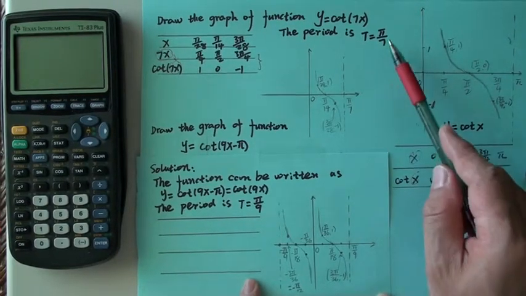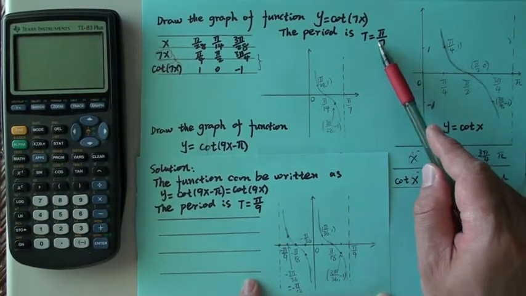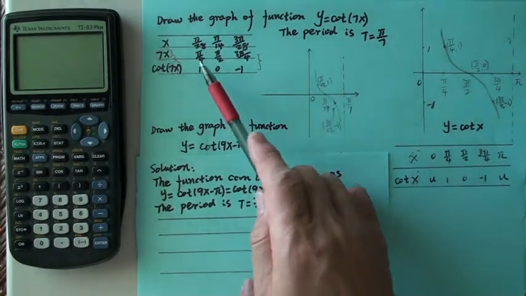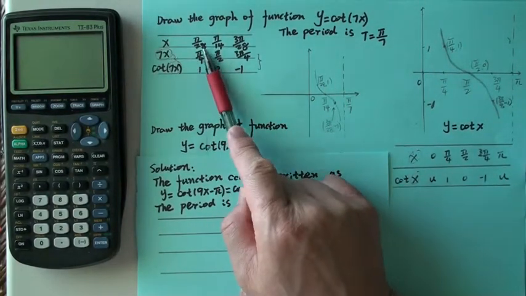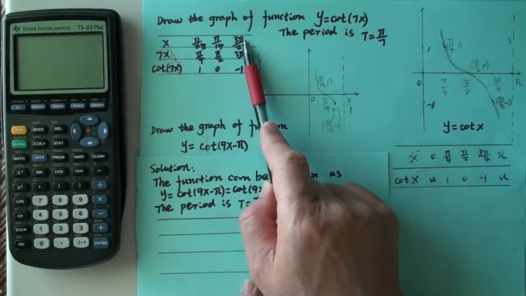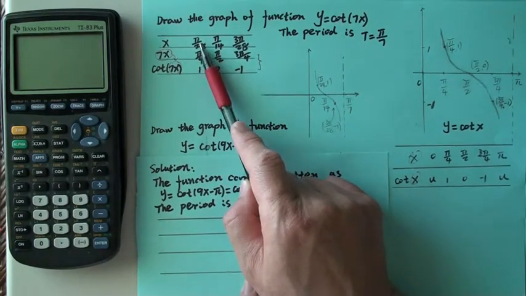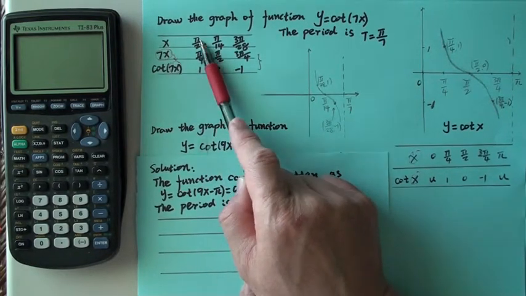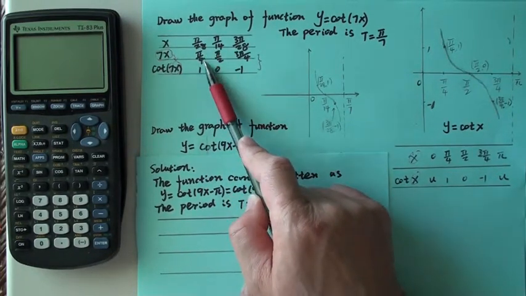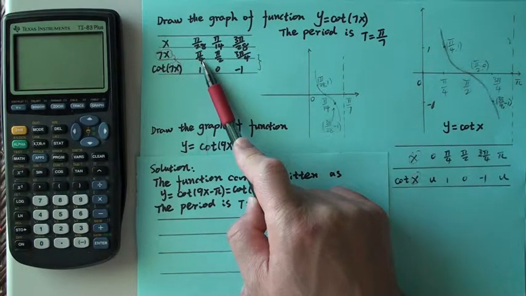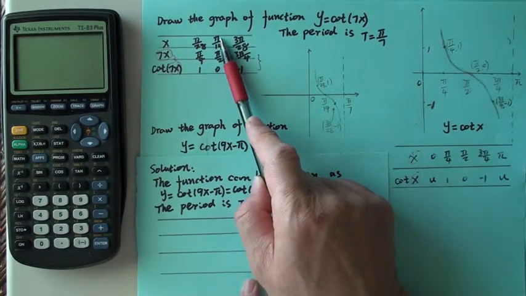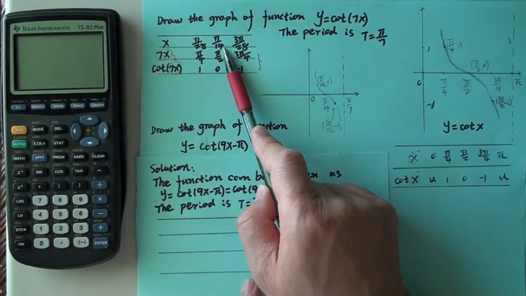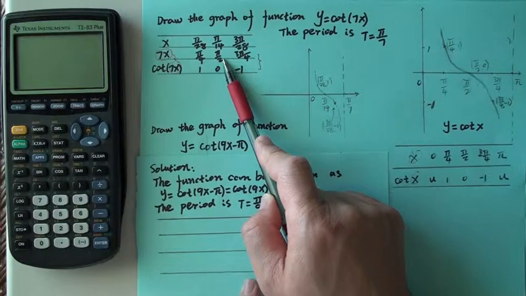And here is why we use the coefficient as a denominator. When x equals pi over 28, 7 times x is pi over 4. When x equals pi over 14, 7 times pi over 14 is pi over 2.